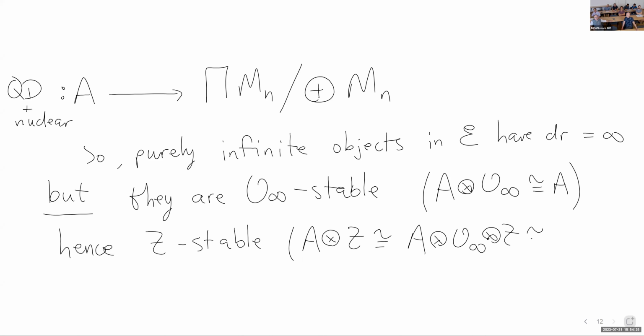This is A tensor O-infinity, which is A. By the way, both O-infinity and Z have the same K-theory. The K0 group is the integers and the K1 group is 0. O-infinity has no traces at all, being purely infinite. Z has one trace.